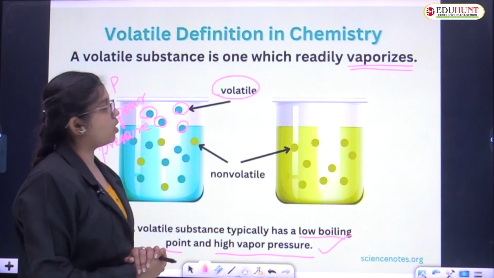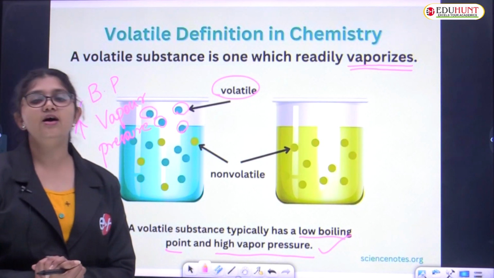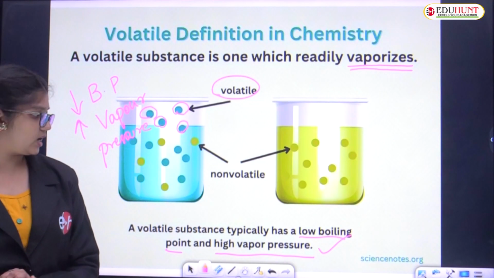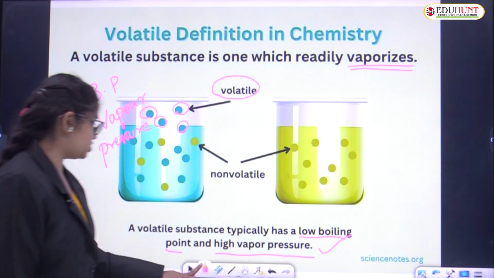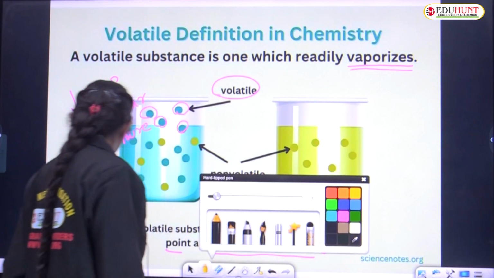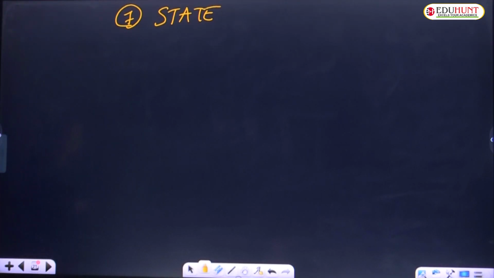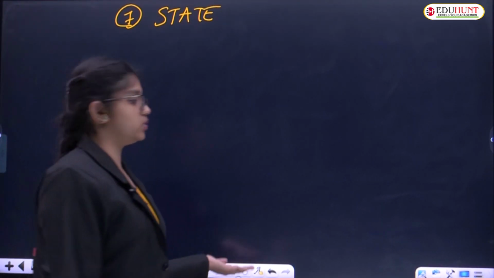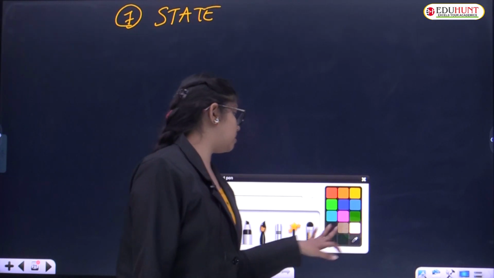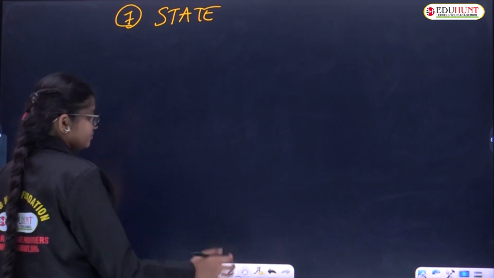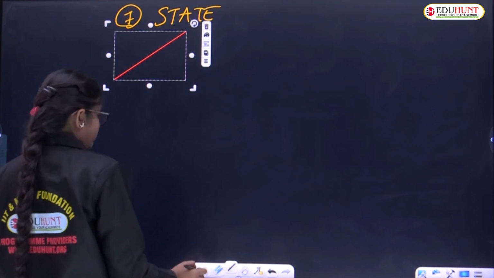This is all about volatility, the sixth classification of acids. Coming to the last one, which is based upon the state. What is the seventh classification? Based upon the state. We know states of matter exist in three forms. What are they? The physical states of matter. Yes, solids. Very good.